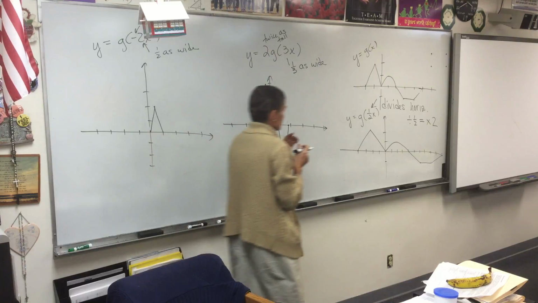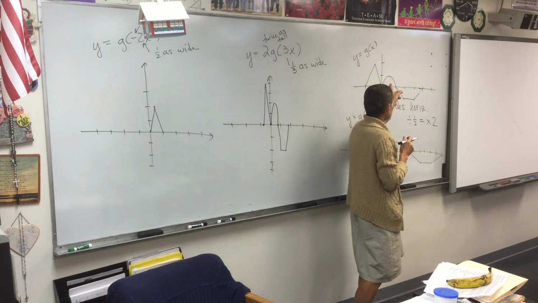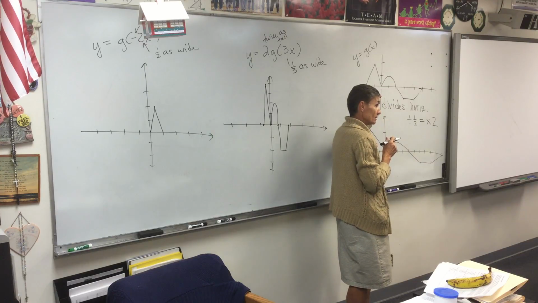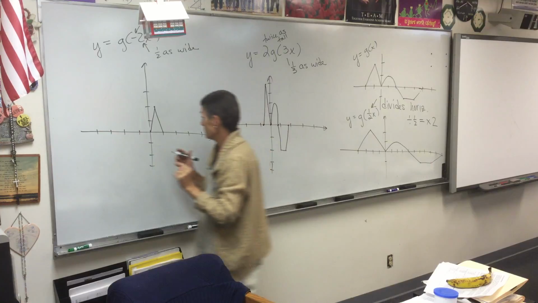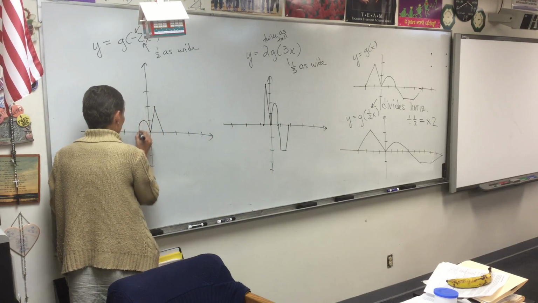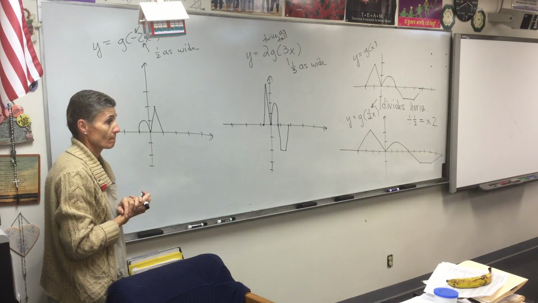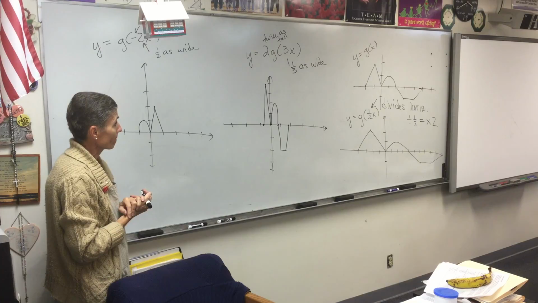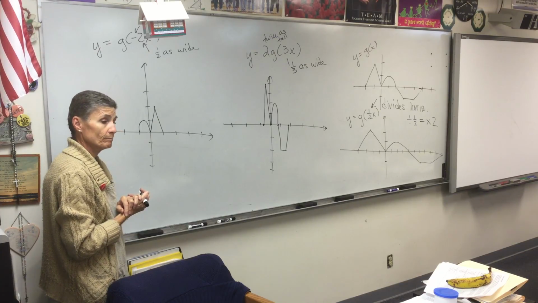Now, what about the circle? Well, he's coming over here, and he's only going to be 1 across the bottom. So he's coming over here, and 1 across the bottom. What about our trapezoid?